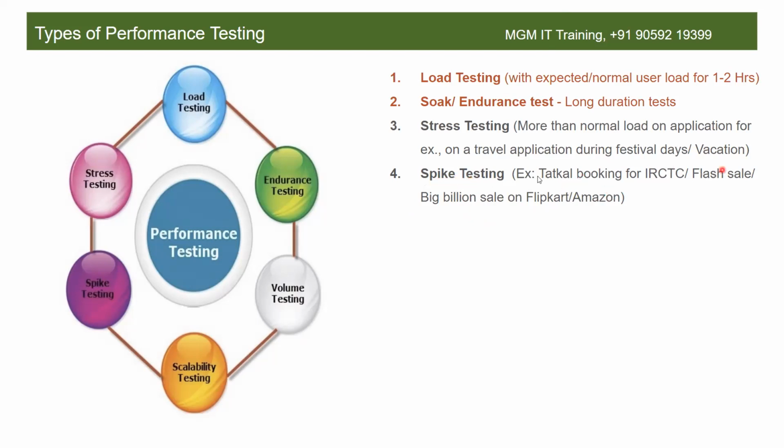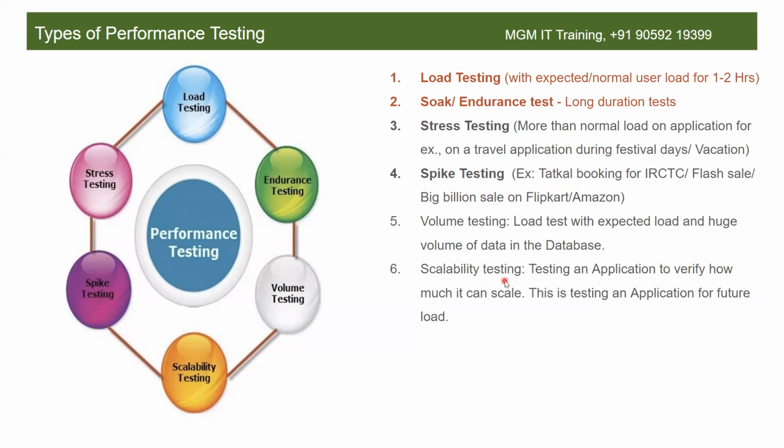So for these kinds of applications, we have to do spike testing along with load testing and soak testing. The other types of testing are volume testing and scalability testing, and failover testing and capacity testing. We'll discuss those in detail. However, these are the important types of testing. Load testing comes first, and it is something we do with expected or normal user load for 1 to 2 hours.